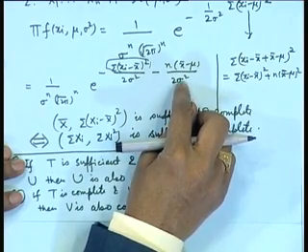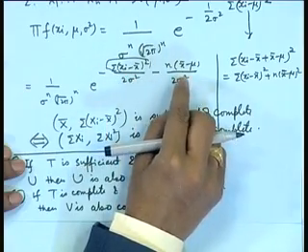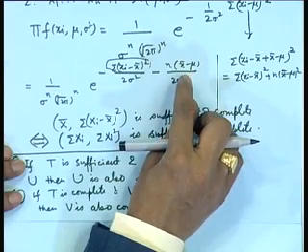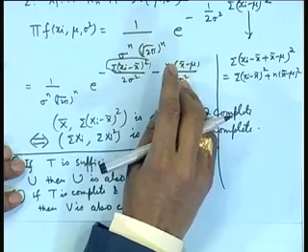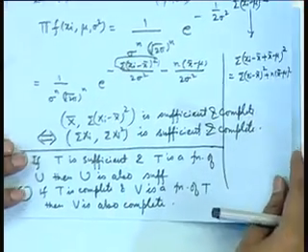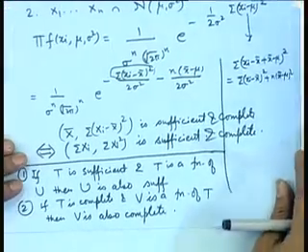So, the range of the parameters is minus infinity to infinity and minus infinity to 0.